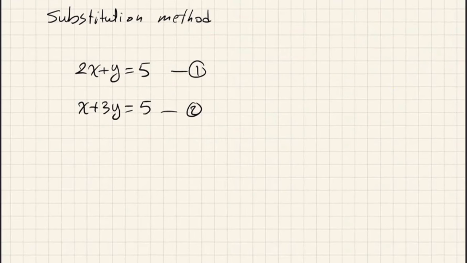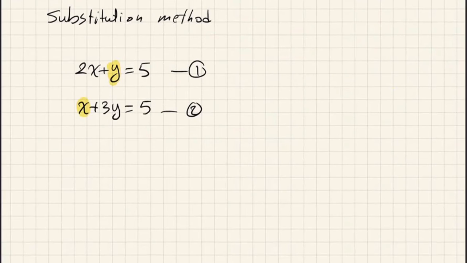But what is the key? How can I find out the easiest way? You have to check y or x in one of the 2 equations which has a coefficient of 1. Means you will find individual x or individual y. Here you have y individually with coefficient equals 1, and x also individually with a coefficient equals 1.